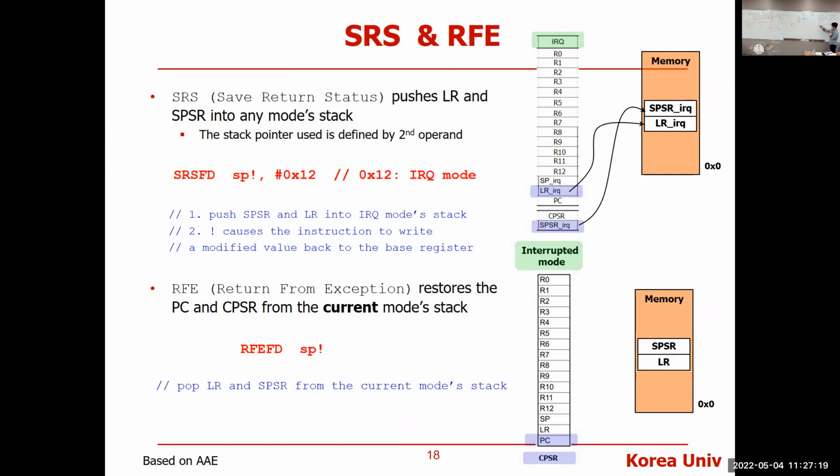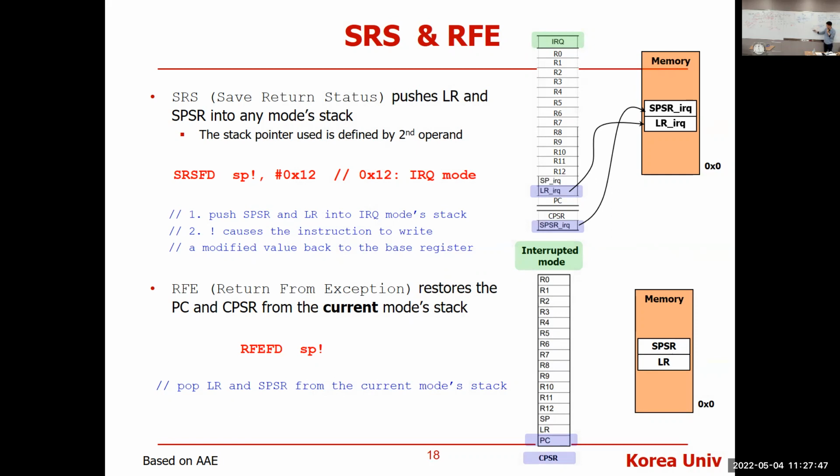Let's say the stack for IRQ mode. Full descending means we assume the stack pointer is pointing to a location that is already filled with information. That is a full stack. The location is already occupied by data.